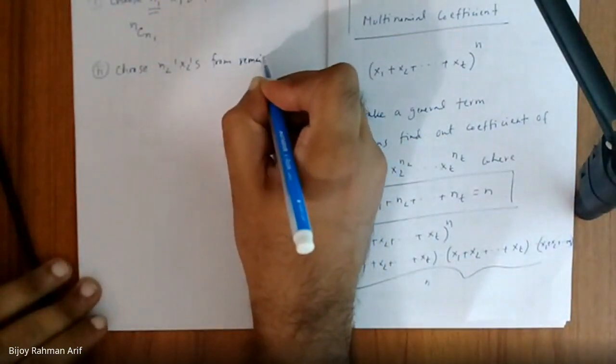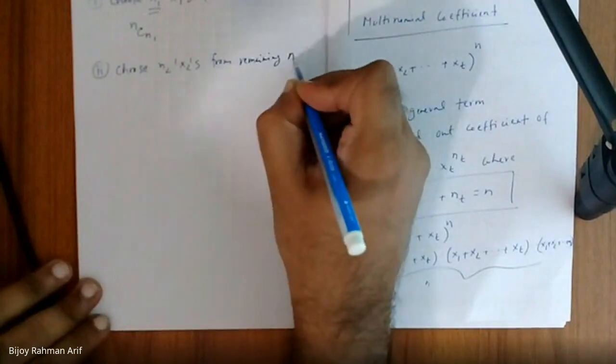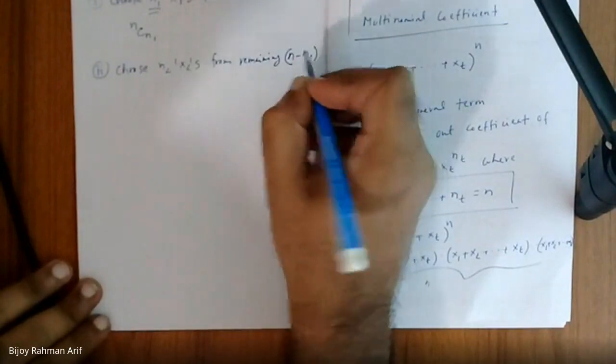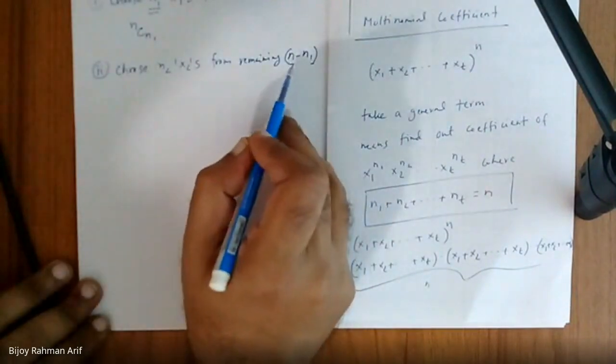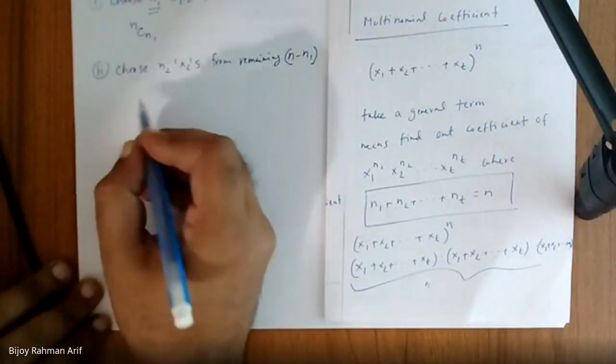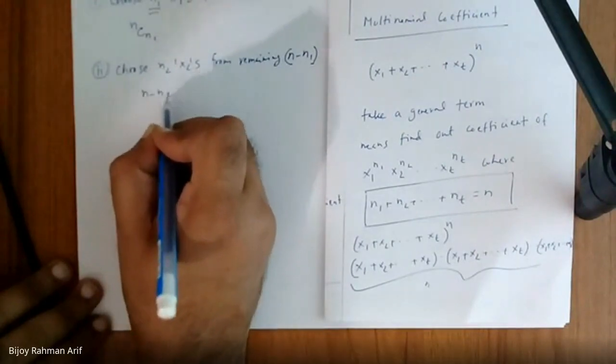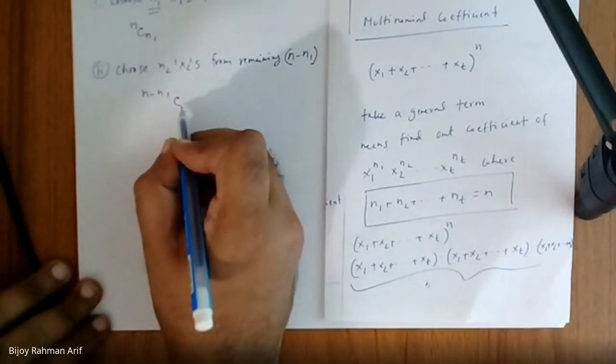N minus N1, because we have already chosen N1 terms from N. We have remaining N minus N1. So it would be nothing but N minus N1 C N2.